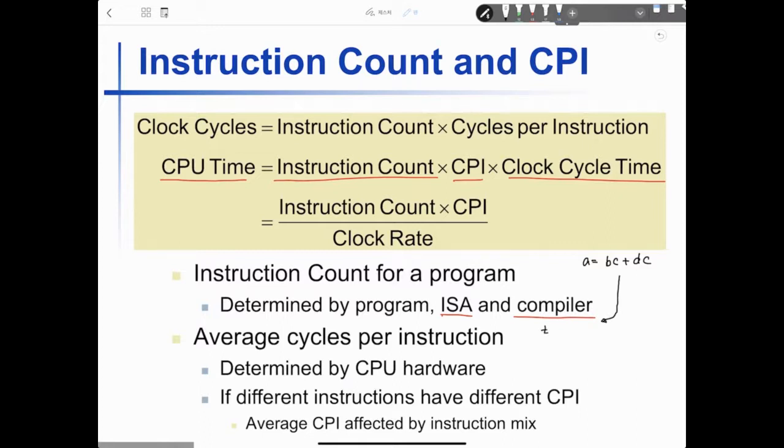First, T1 is B multiplied by C, T2 is D multiplied by C, and then A is T1 plus T2. So we need 3 instructions, right?